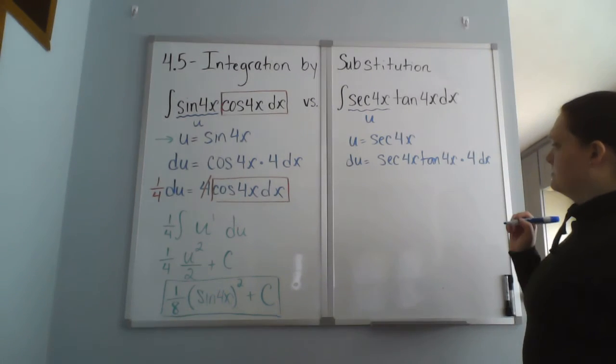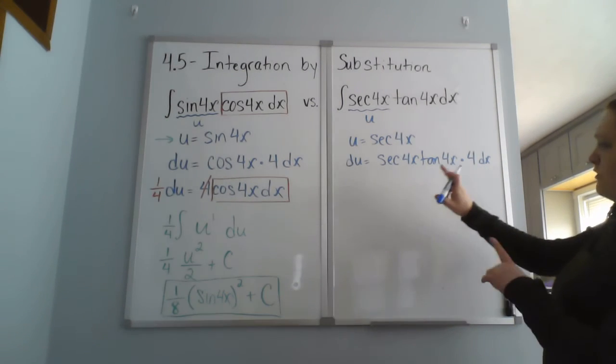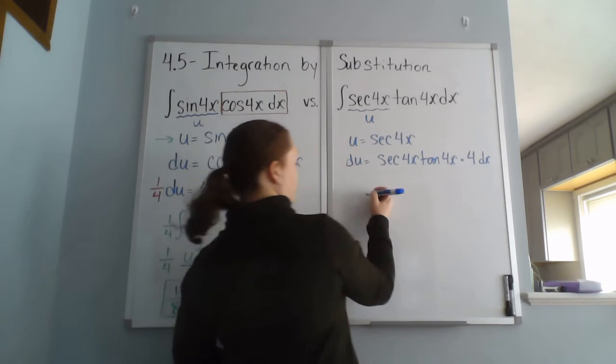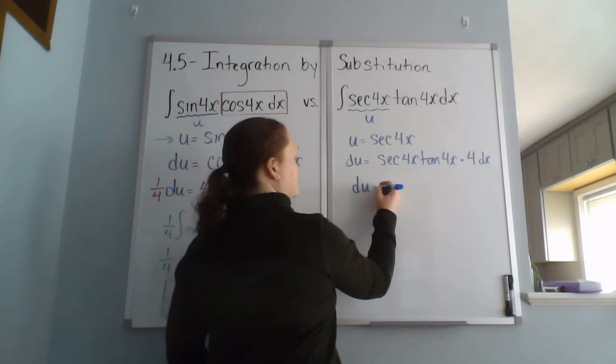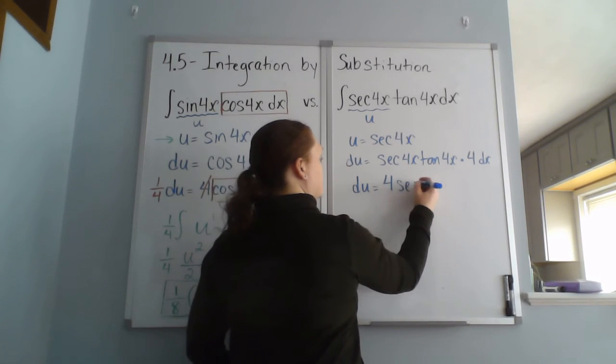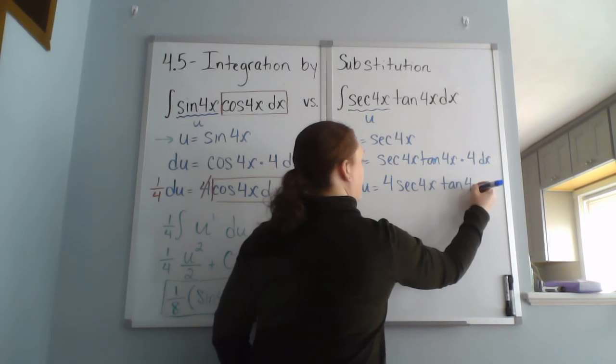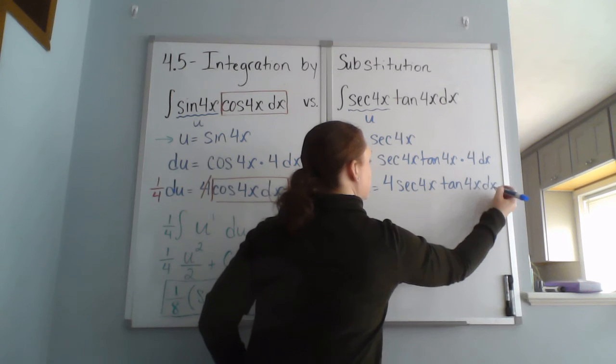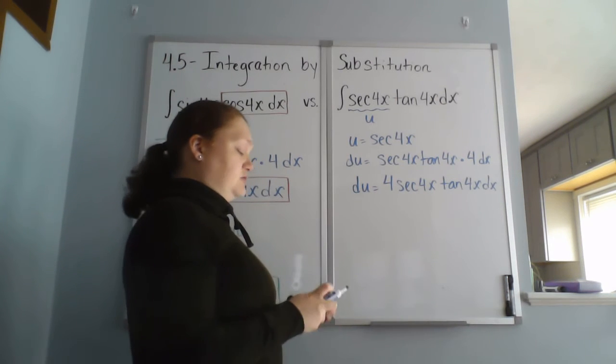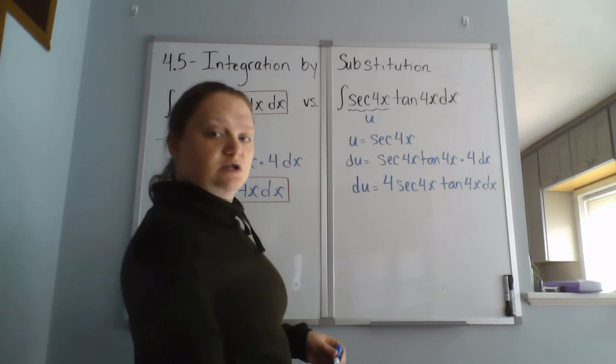So again, I'm going to move that coefficient up in front. I'm going to make this du is equal to 4 secant 4x tangent of 4x dx. Which looks very similar to our original problem.